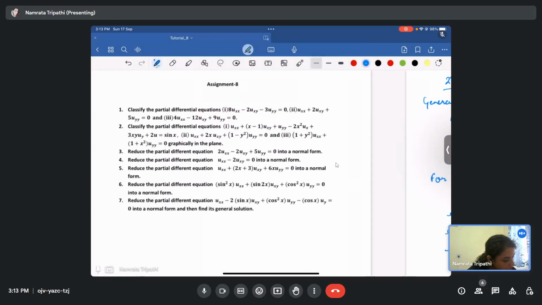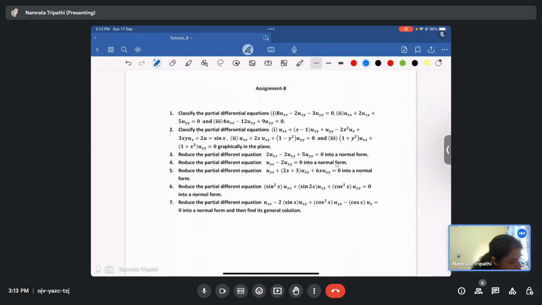So question second says, classify the partial differential equation graphically in the plane. First of all, you have to find out the condition, and after that you have to represent all these three equations graphically. The question is clear?